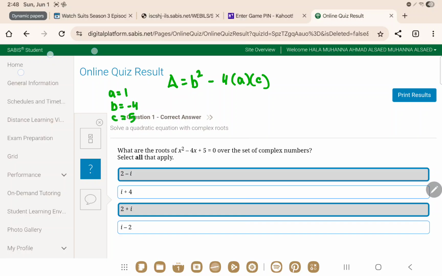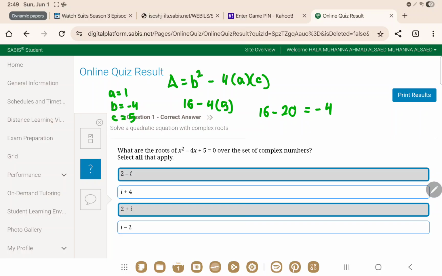Now, b squared is 16, minus 4 times 1 times 5, so it's 16 minus 20, which is -4. Now, when it's negative, we know already from previous chapters that it has no real roots. So the roots that it does have are complex.